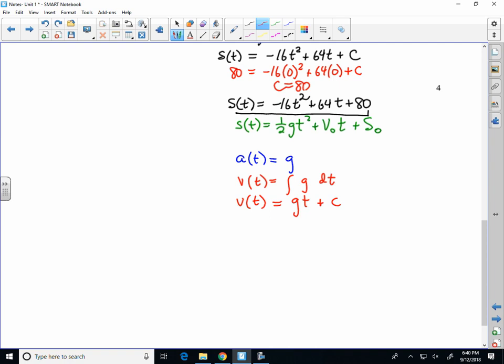All right. Now, we would have an initial condition. So the initial condition would be when time t equals 0, you have some initial velocity. You have some velocity associated with that, which we'd call v of 0.